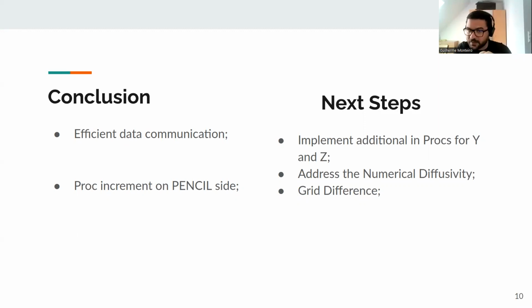To do the test field method, Pencil uses diffusivity, and for OILAG this diffusivity is numerical, and we cannot determine it on the fly. We will have to figure out a way to do so, but so far we are unable to, and we are doing it by hand. And as far as tests go, it's okay. But if you want a better production, it has to be better determined.